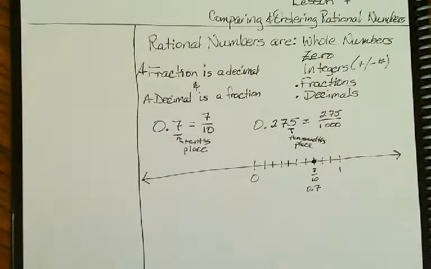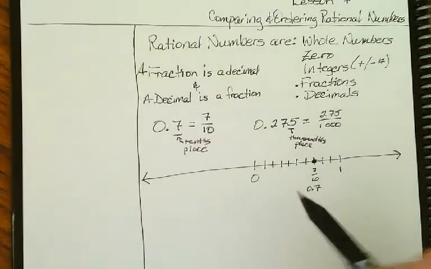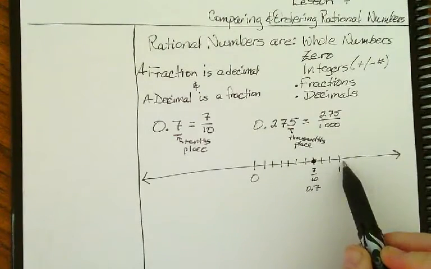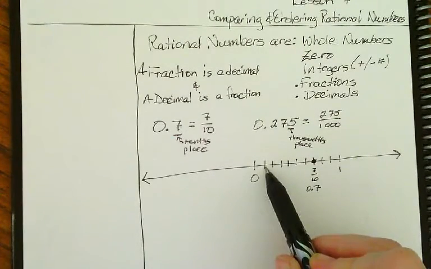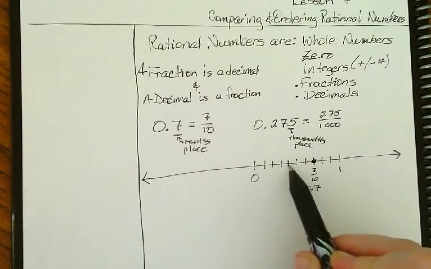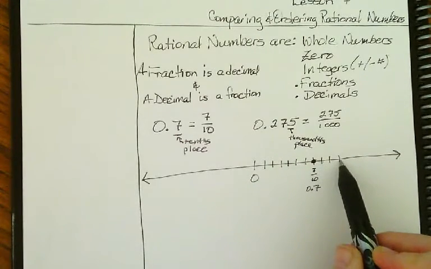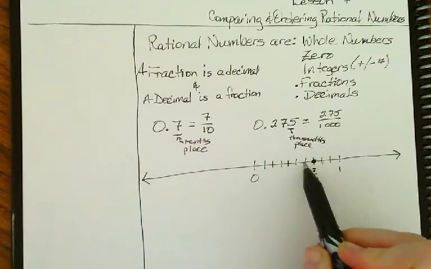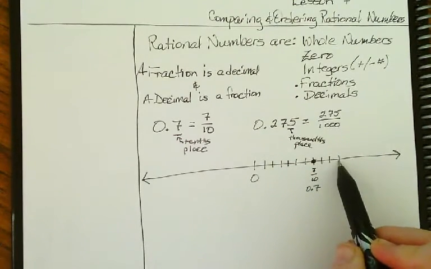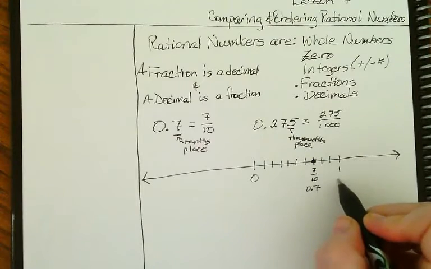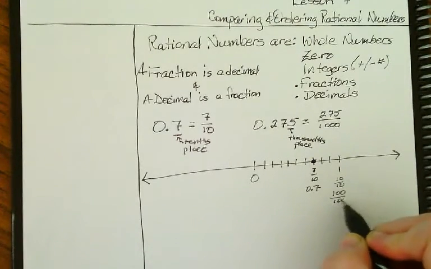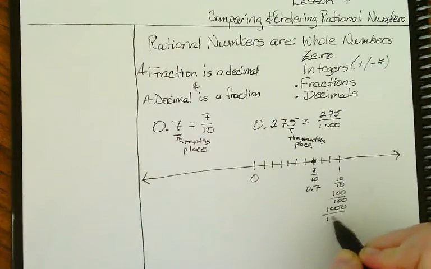This one, I know you're like, wait a minute, I'm not going to put 1,000. No, you're not. If each one of these was 10, you'd have 10, 20, 30, 40, 50, 60, 70, 80, 90, 100. Well, that's not enough. How about 100, 200, 300, 400, 500, 600, 700, 800, 900? There's 1,000. So this would be the same as 10 tenths, 100 100ths, and 1,000 1,000ths.